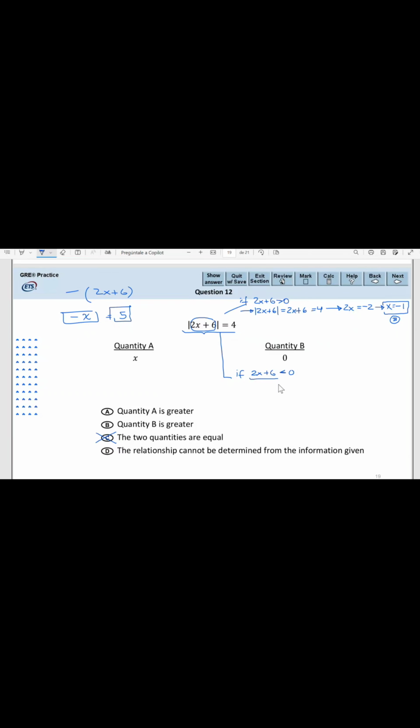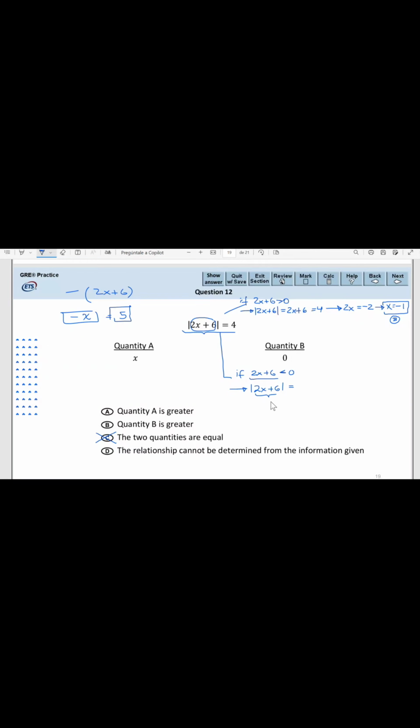So if x is a real number, 2x plus 6 must be a real number as well. That real number is positive or negative. That's what we don't know. So if 2x plus 6 were a negative number, then I can infer that the absolute value of this expression will simply be the additive inverse, according to the definition of the absolute value.